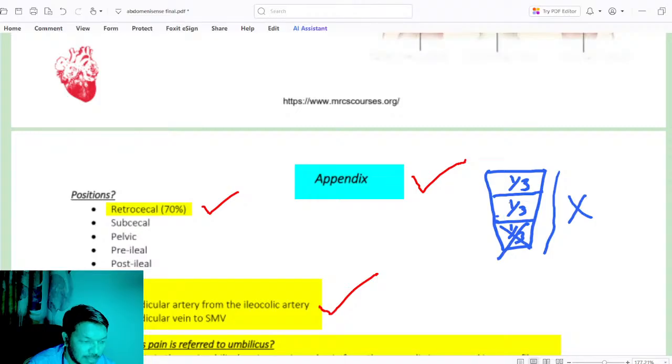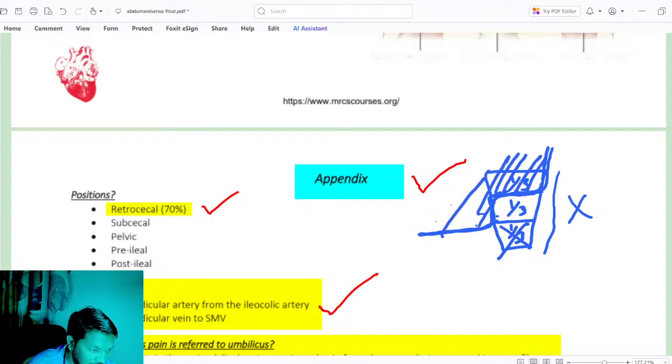Middle third of the rectum only. So the peritoneum is something like this. You can see this picture. Only this part.